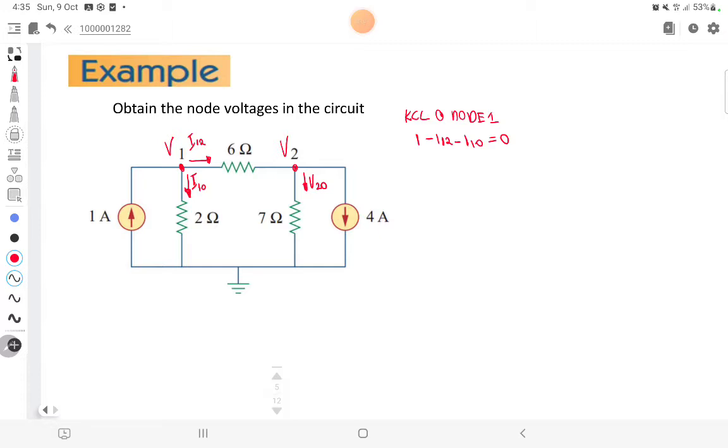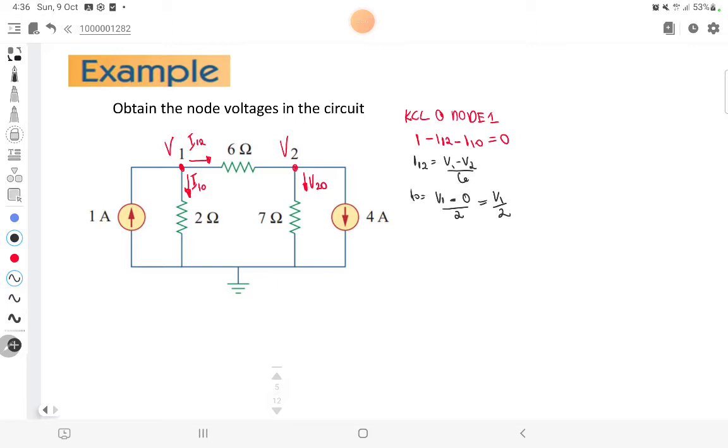Now, what is my I12? Since my I12 is going from V1 to V2, my I12 is equal to V1 minus V2 all over 6 ohm. And what is my I10? My I10 will be equal to V1 minus 0 all over 2 ohm, or V1 all over 2.